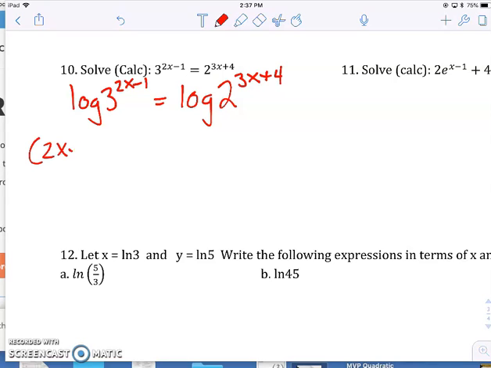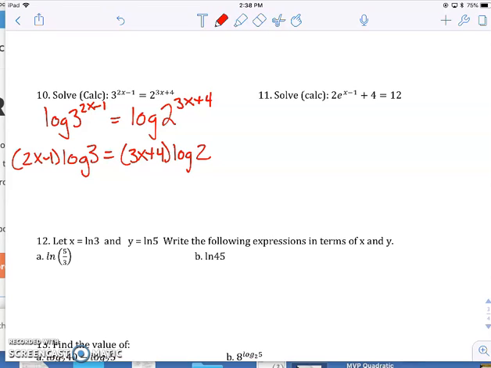So we have 2x minus 1 log 3 equals 3x plus 4 log 2. And I don't have the calculator here, so then we'd have to turn these into decimals, and we could distribute and solve and see what you end up with.